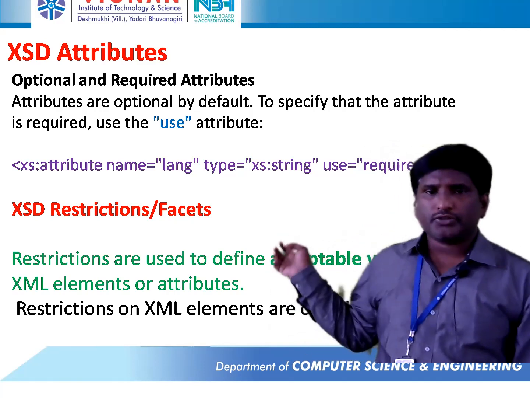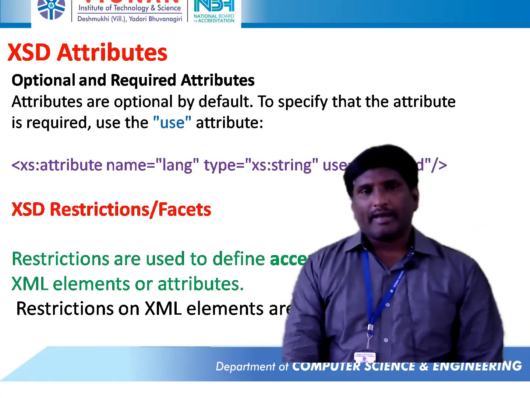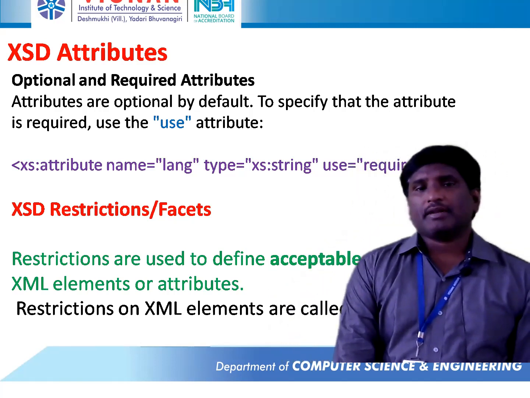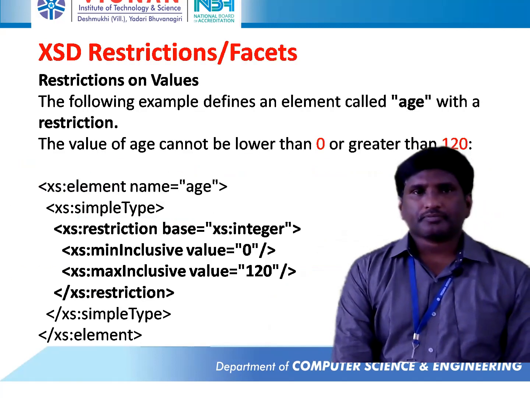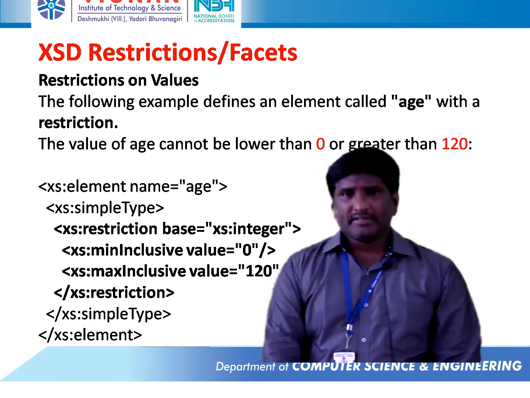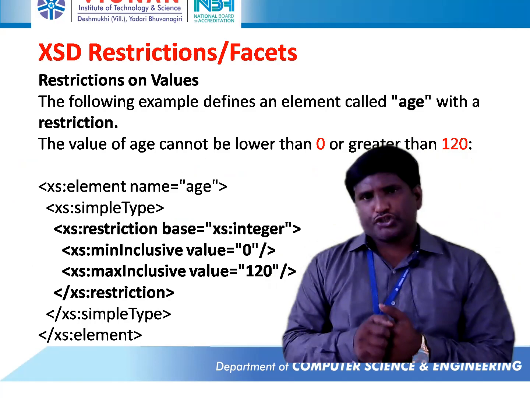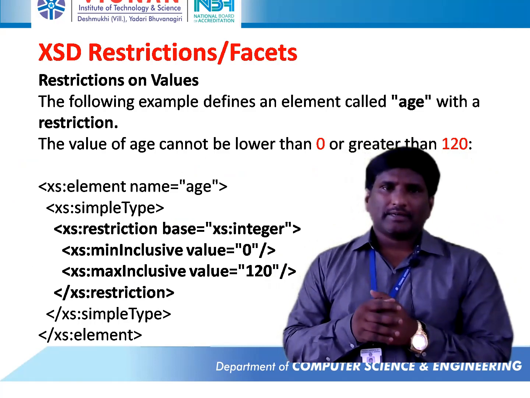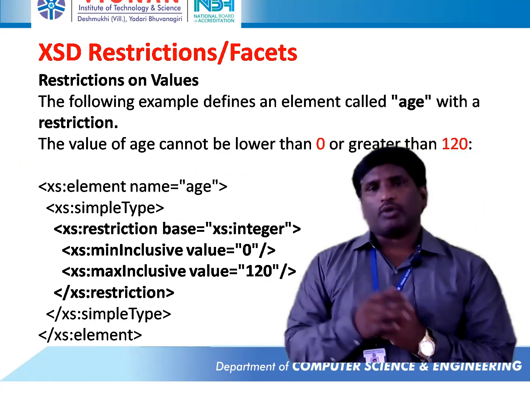Also we can provide restrictions on the elements or attributes. Restrictions are used to define acceptable values for XML elements or attributes, and these restrictions on XML elements are called facets. What are the restrictions? Suppose there is an age element. For that I want to specify that the age cannot be lower than 0 or greater than 120.